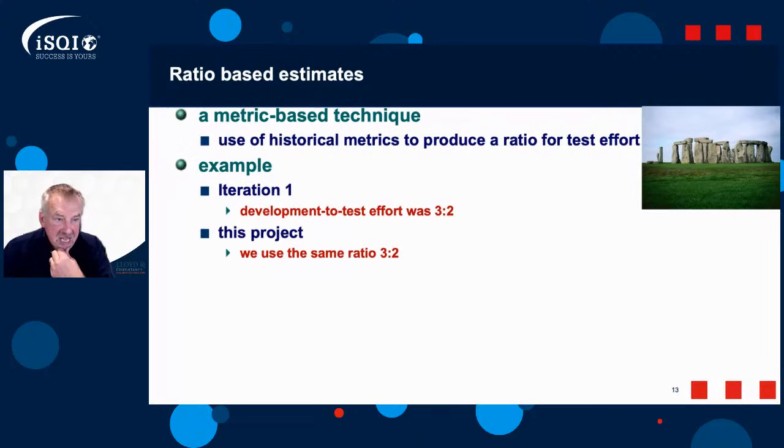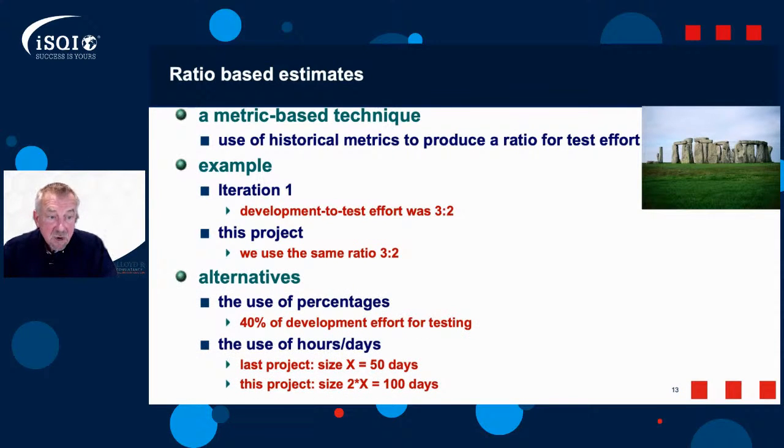So example one, iteration one, development to test effort was 3:2. So we use the same ratio, 3:2. Okay, it took developers 3 hours, it took us 2 hours to do the testing. Therefore, this project, we're going to use the same ratio. So developers, what do you think? And therefore, we will actually have 2/3 of that.